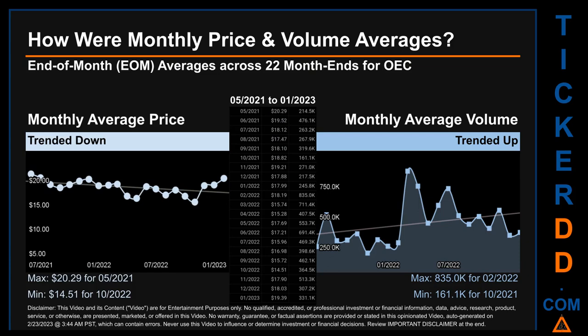The maximum end of month average price was $20.29 for 05-2021 while the minimum was $14.51 for 10-2020. Looking at volume, 02-2022 and 10-2021 respectively saw the highest and lowest monthly average volume at 835,000 and 161.1 thousand.